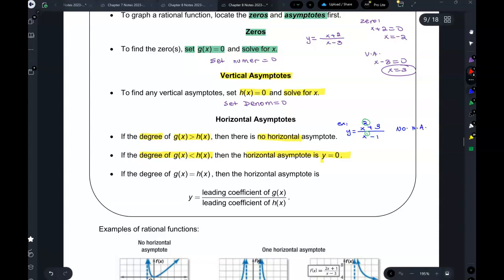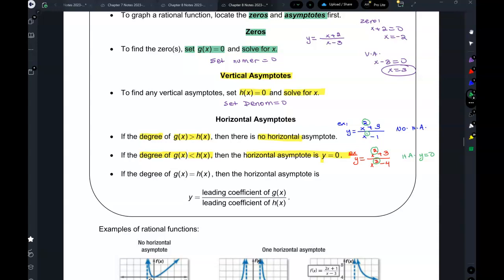All right, now let's take another example. y equals x squared plus 3 over x cubed minus 4. Okay, so look at the degree in the top, it's 2. Here, it's a 3. You have a higher degree in the denominator. That means the horizontal asymptote is y equals 0. Doesn't matter what these numbers are. Okay, it could be 1 higher, it could be 5 higher, it doesn't matter. It's just y equals 0.